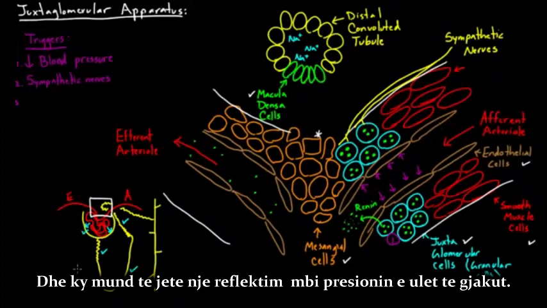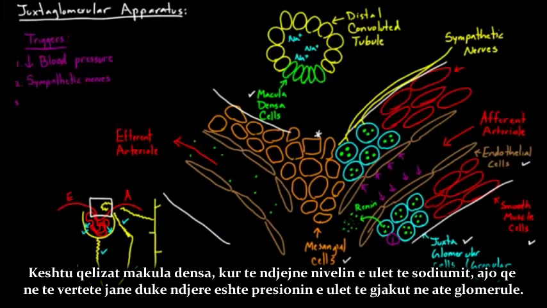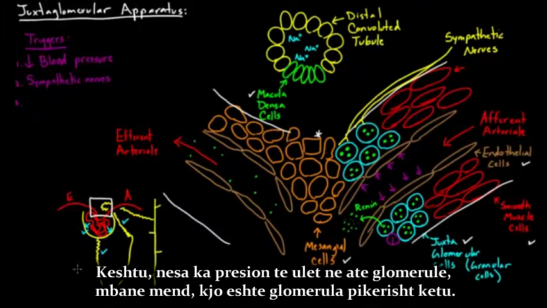And that could be a reflection of low blood pressure. So the macula densa cells, when they sense low sodium levels, really what they're sensing is low pressure in that glomerulus.